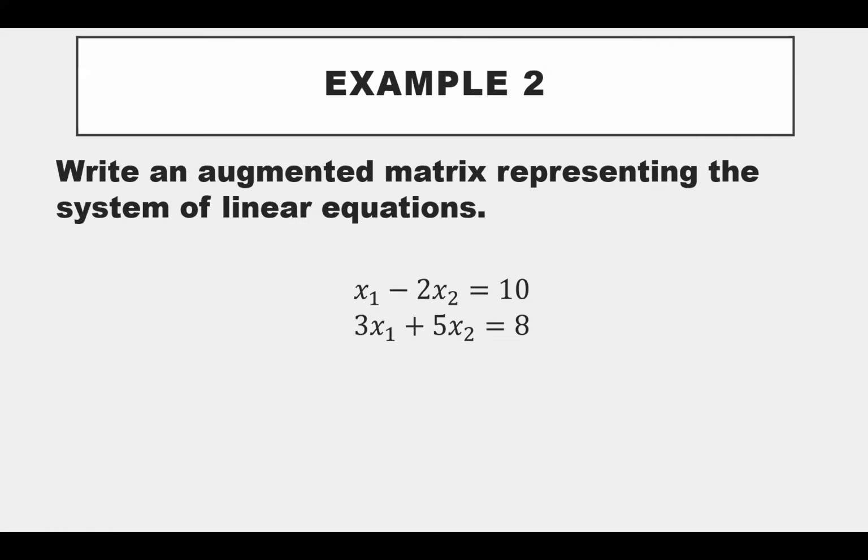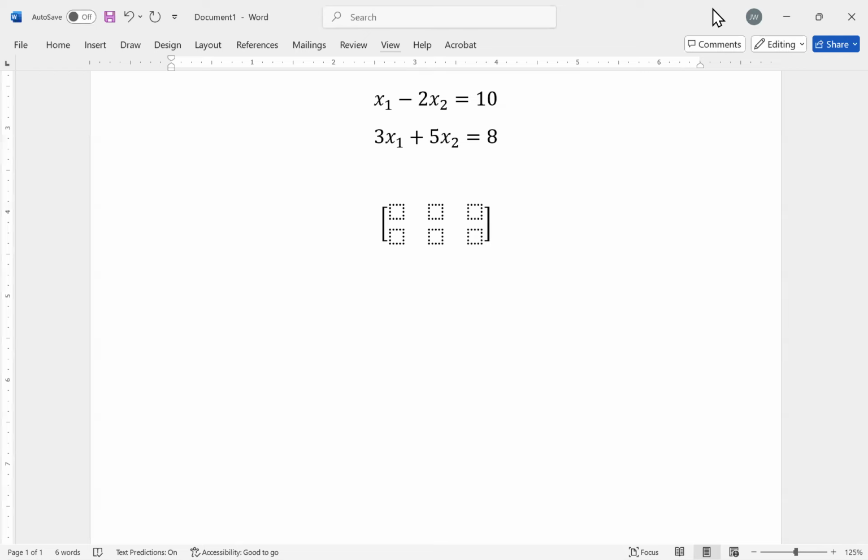Here is another example that asks me to create an augmented matrix representing the system of linear equations below. We have x1 minus 2x2 equals 10, 3x1 plus 5x2 equals 8. Again, if you'd like, you can try this on your own. Just push pause on the video. In this case, everything is aligned. So the variable x1 is in the front, then x2, then the equal sign, then the constant.